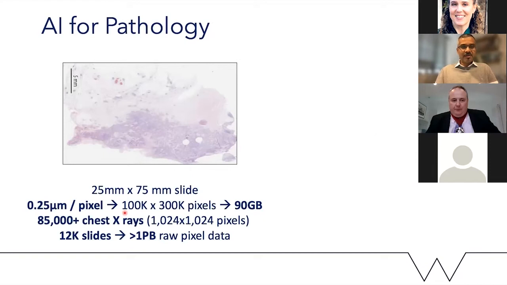And that raw data is 90 gigabytes in terms of its raw image size. Compared to your digital radiology images, for example chest x-rays, each of those tissue slide images is around 85,000 times more pixels than a standard chest x-ray image. And very quickly, we go into the domain of petascale image data, just in terms of sheer size of these images and the number of pixels.